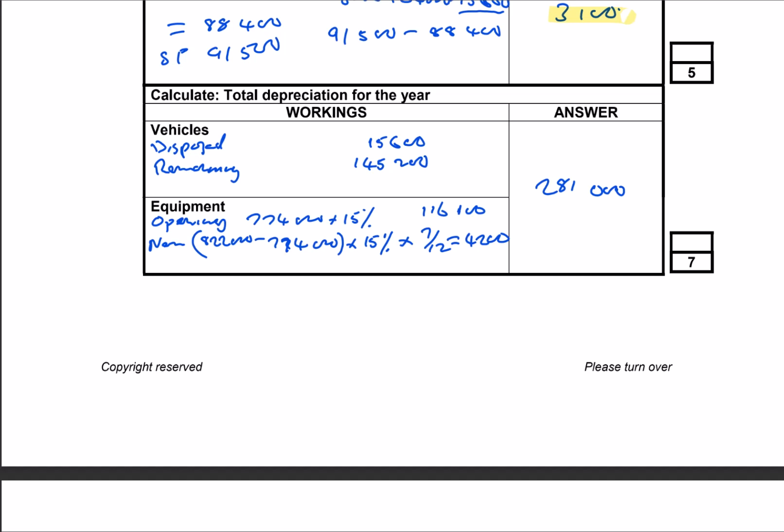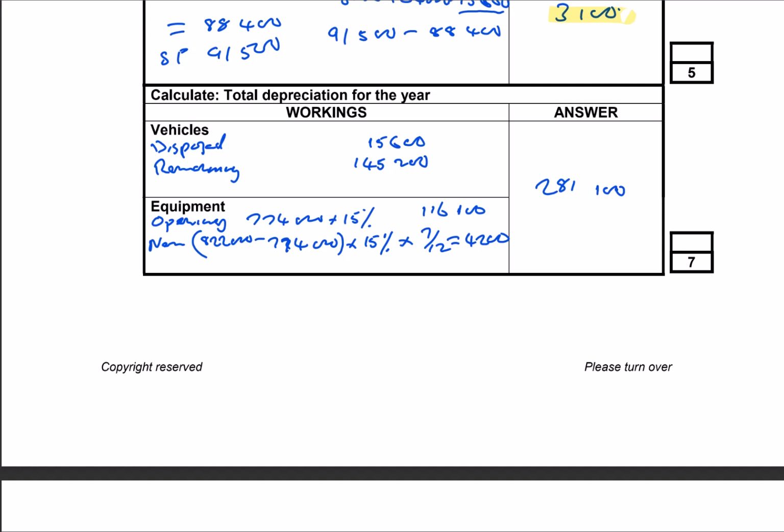Then for the new one, that's 822,000 minus 774,000, that's 48,000 times 15%, and times 7 divided by 12. That is correct. So the only thing that was wrong was that one.